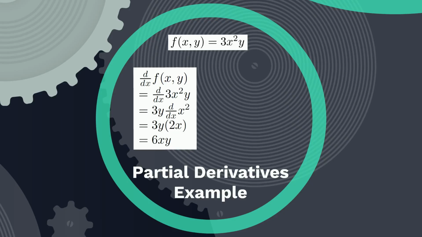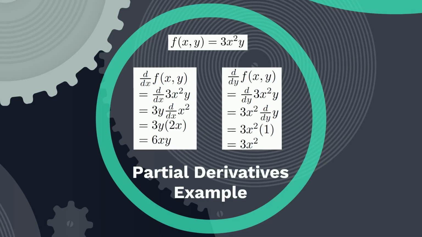On the flip side of that, we can take the partial of this with respect to y. So now, exactly the same derivative rules as we were using for x, it's just a different variable. We can treat the x squared as a coefficient. This is just going to be a constant, and we are only going to worry about the y when taking the partial with respect to y.